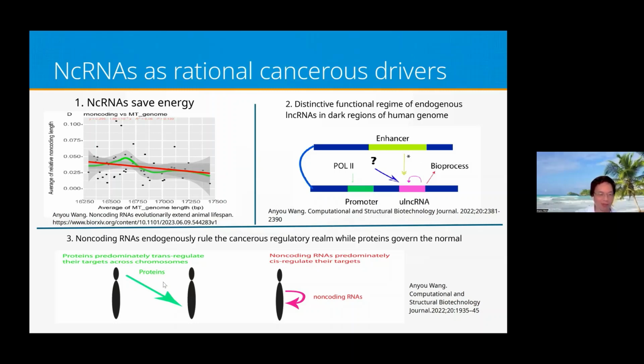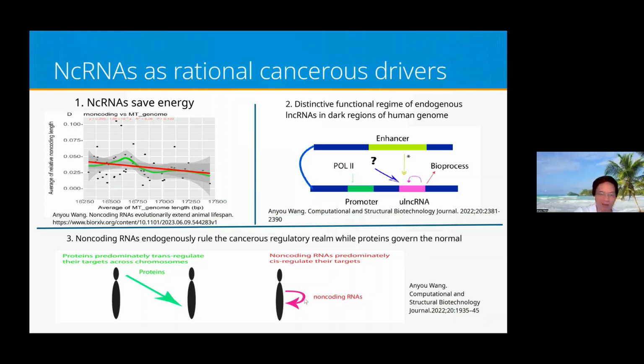And finally, non-coding RNA actually endogenously rules cancer regulation, and the protein only governs the normal condition. In the normal condition, the protein trans-regulates the genome, and in cancer, the non-coding RNA cis-regulates the same chromosome, 1 million base pairs in this area.